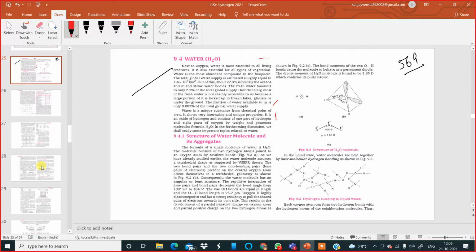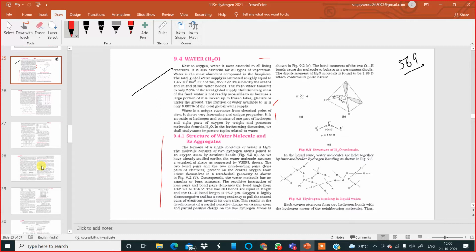Now, the structure of the water molecule and its aggregates. If you look at the formula of water, it is H2O. We can see from the formula there are two hydrogen atoms and one oxygen atom. This is something we have already learned from the VSEPR theory.